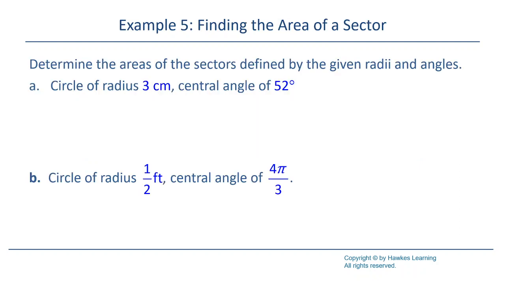So say we have a circle with a radius of 3 centimeters and a central angle of 52 degrees. Like I have beaten into your head at this point, we can't use 52 degrees for measuring the physical part of the circle. We need to use radians.